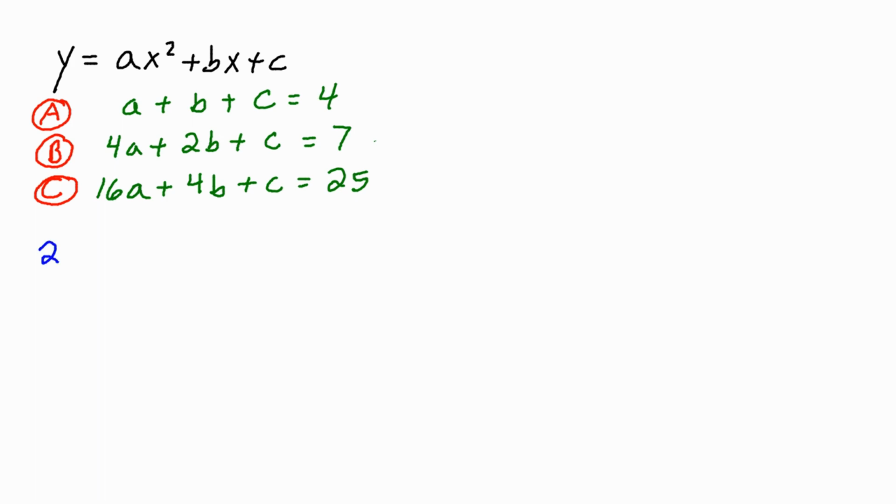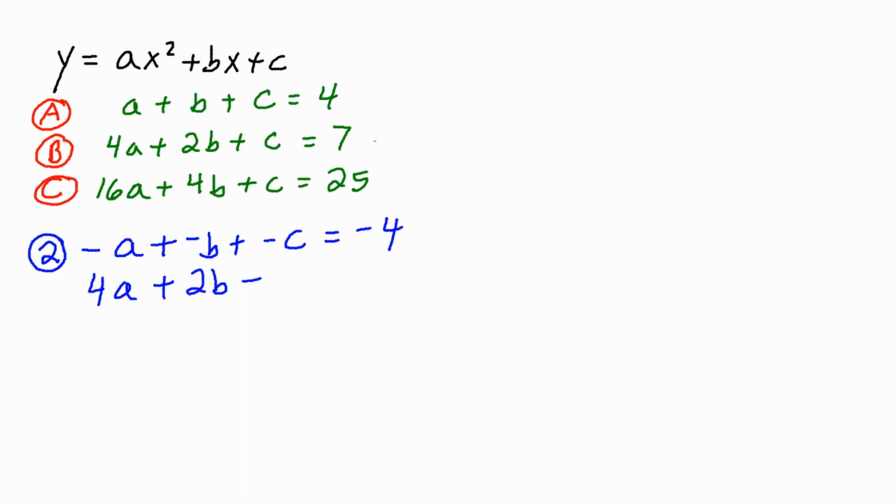So for step 2, I'm going to take equation A, multiply it by negative 1, which will give me negative a plus negative b plus negative c equals negative 4, and I'm going to add to that equation B, which is 4a plus 2b plus c equals 7.